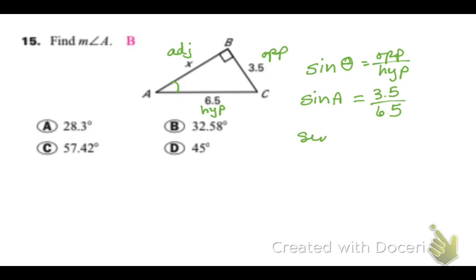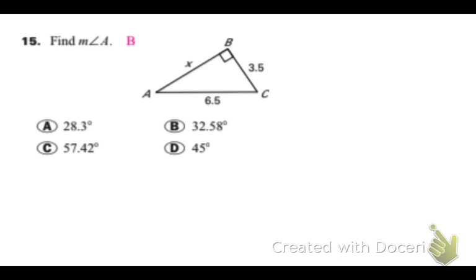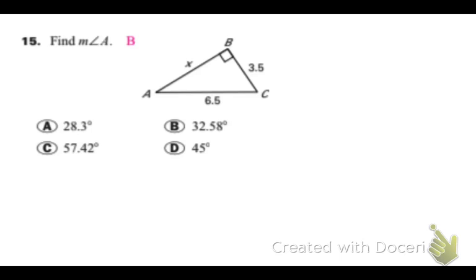So sine of A is equal to 0.5385. Now it's just a simple calculation. Now, how do you find the angle? Did I put it in here? No, I didn't, darn. Sorry guys, I don't like it that they erase things.